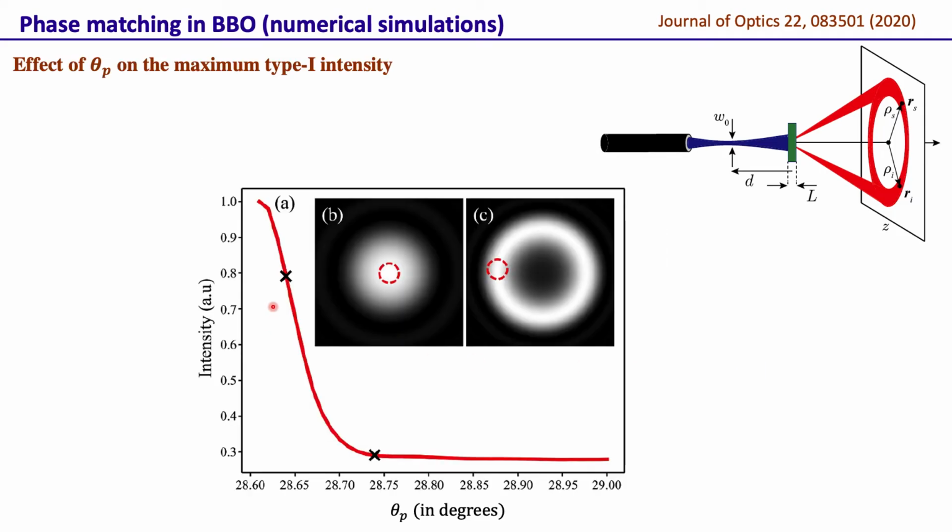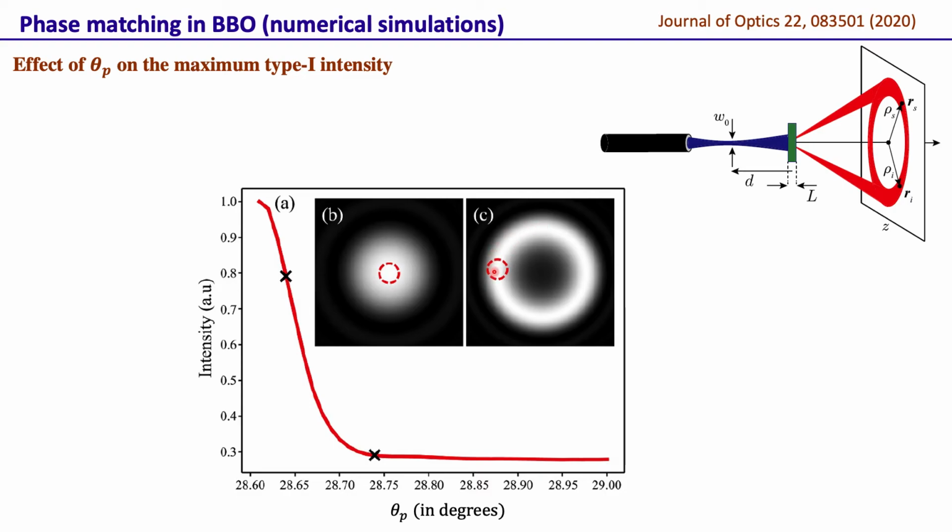We can also look at the maximum intensity. We looked at the total power, but what about the maximum intensity of these type 1 photons? For type 1, again we start at 28.6 degrees, and the maximum intensity we can see is in the center when it's a blob, and when it becomes a ring, the maximum intensity will be somewhere along the ring.